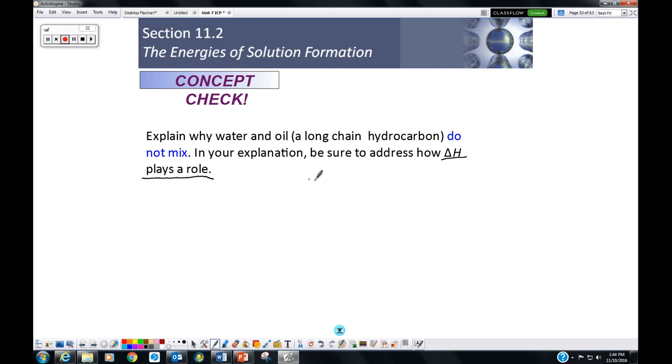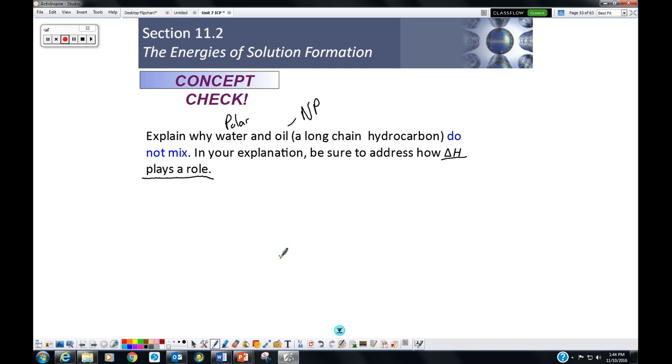So basically, one's polar. Water is extremely polar, and oil is nonpolar. So they're not going to mix.